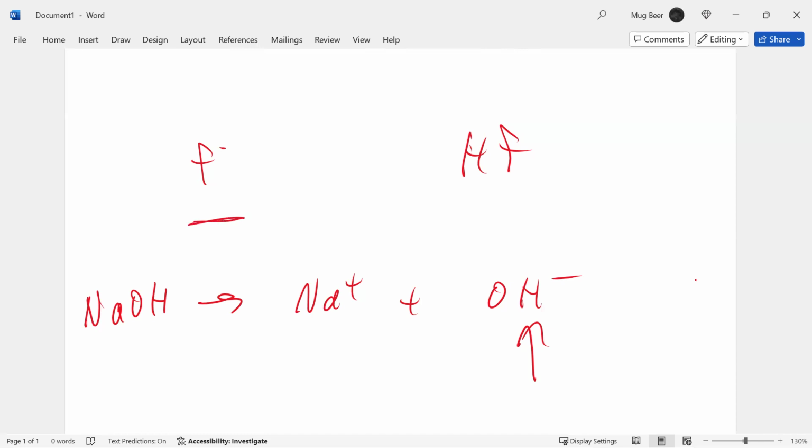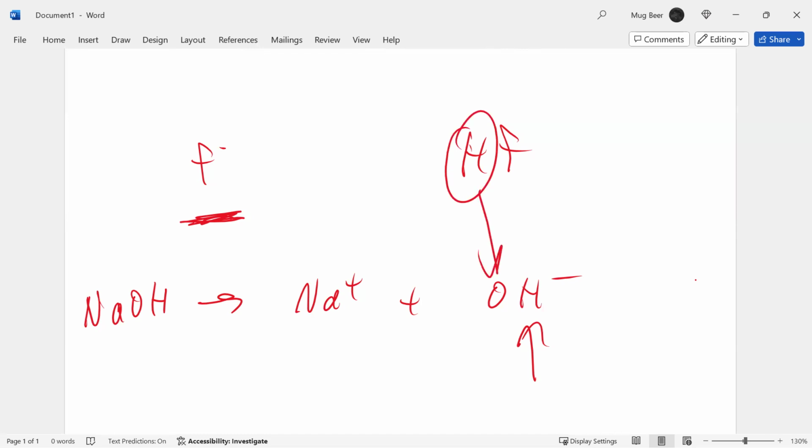Can the fluoride do anything to this? Why not? They're both negative. They would bounce off of each other. There's no chance of anything happening there. But I also have this HF. And so this H can go down here.